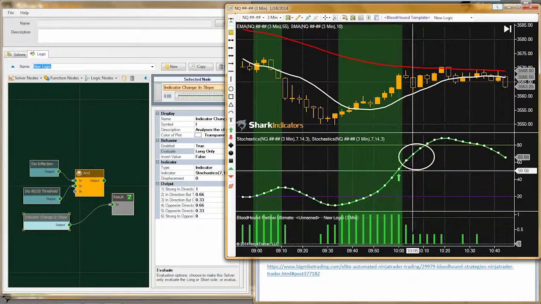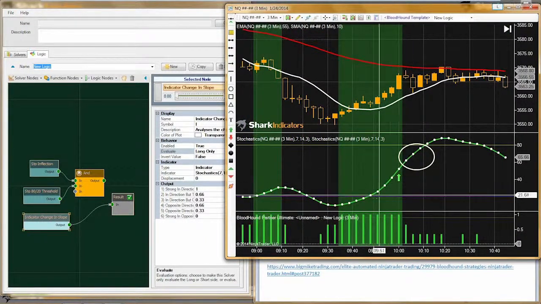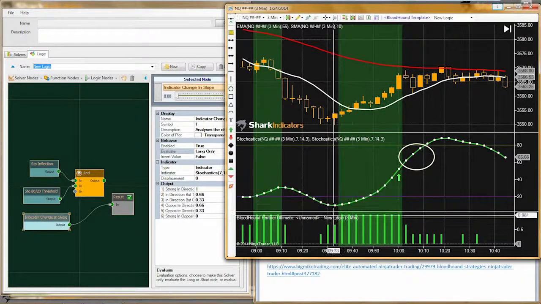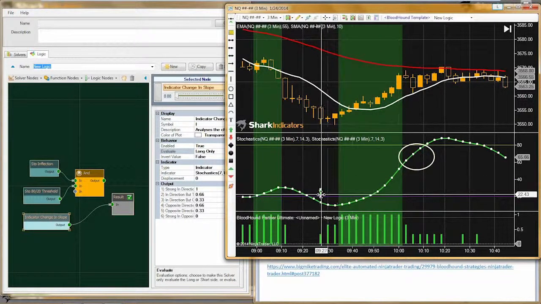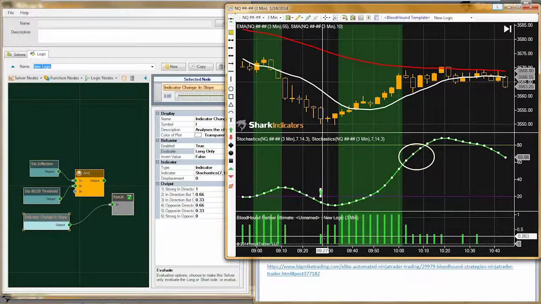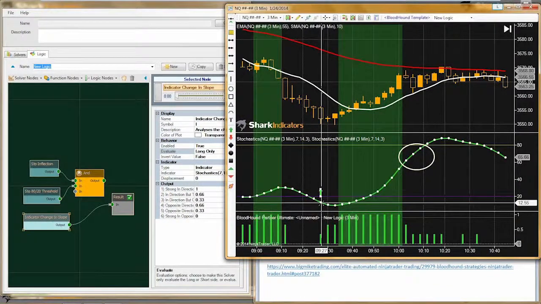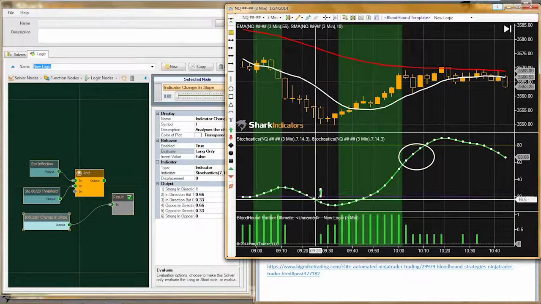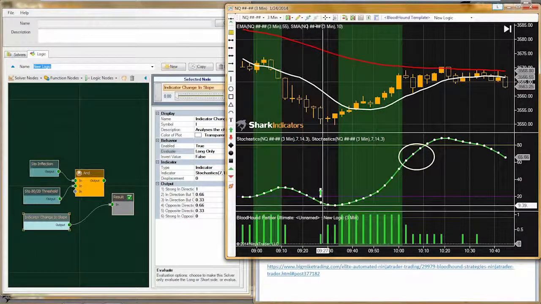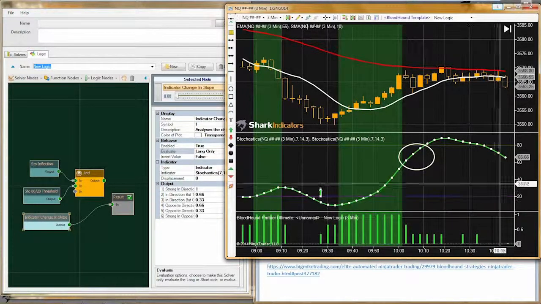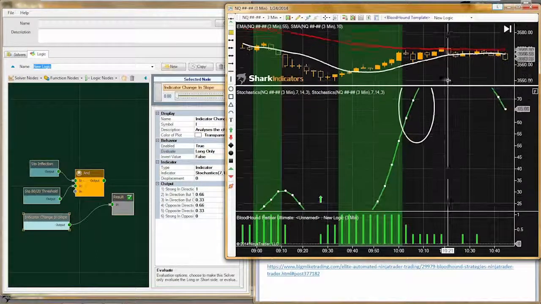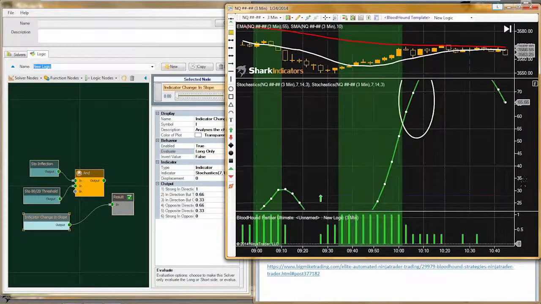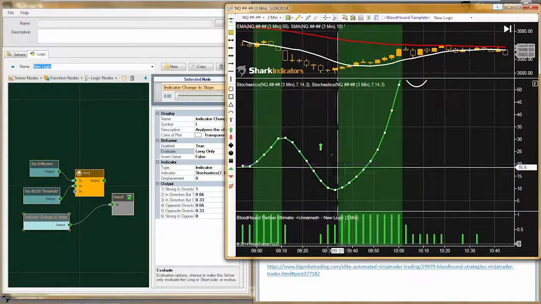Alright, so we'll go back to this 10 o'clock point here. So look right here. Right here is the first bar that we begin to get an output, right? And the stochastic is sloping down, but let me stretch this out a little bit, help exaggerate the angle here.